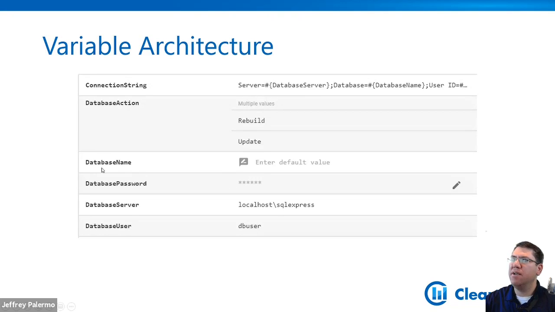For instance, you notice that we have the database name coming in as a variable passed in via octo.exe, which is what this is, a prompt for value. It's coming in from our build server, and then our connection string, which has to be in a web.config file ultimately, is built up using the database name that we have specified and are pulling in. So if you can dynamically create the value for a variable, do it, okay?